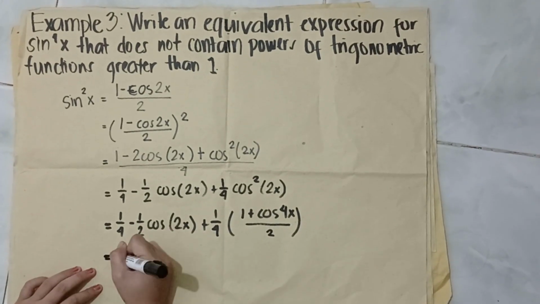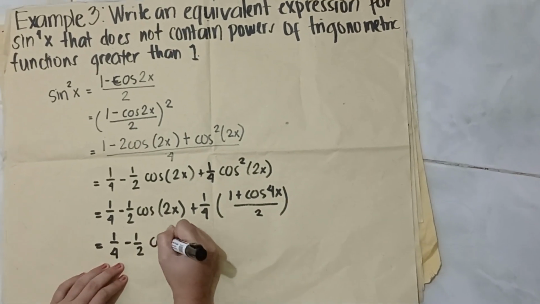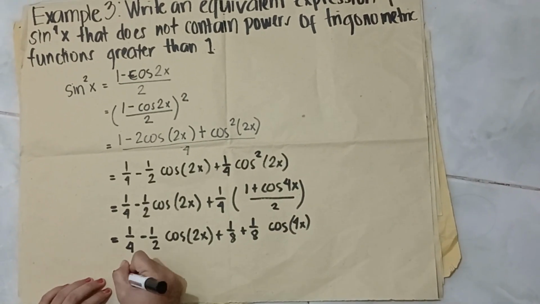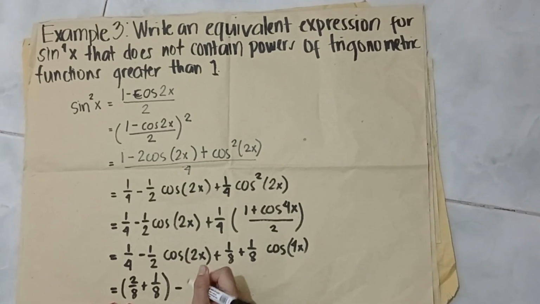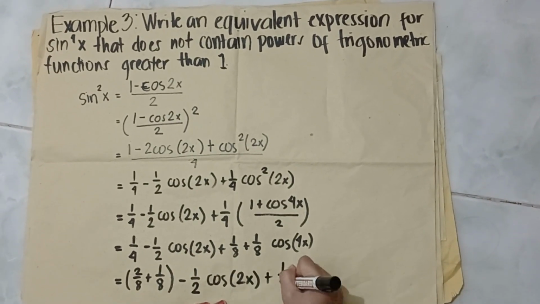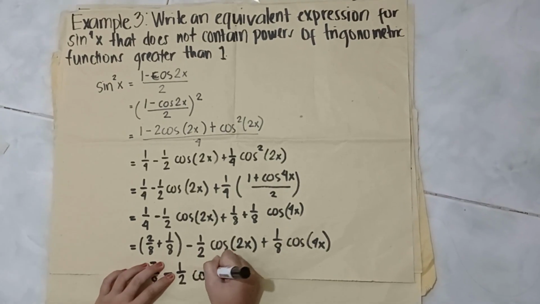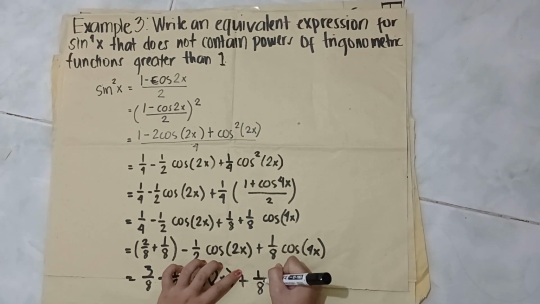We apply the power reducing formula for cosine where theta equals 2x. And then apply the power reduction formula, substitute, and combine constant terms.